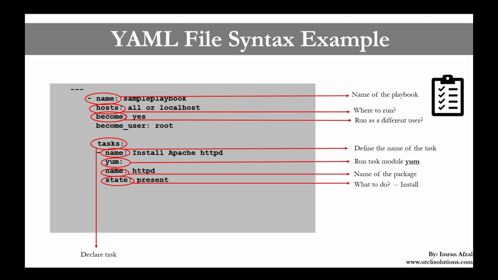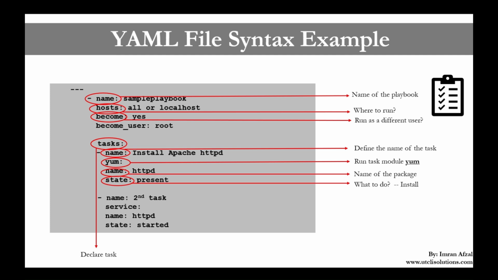Beautiful. Now, do you want to do anything with this package once that package is installed? Then, yes, I want you to do a task within that main task, of course. And this is the second task name. And in the second task, I want you to use the module called service. And then the name of that service is HTTPD.